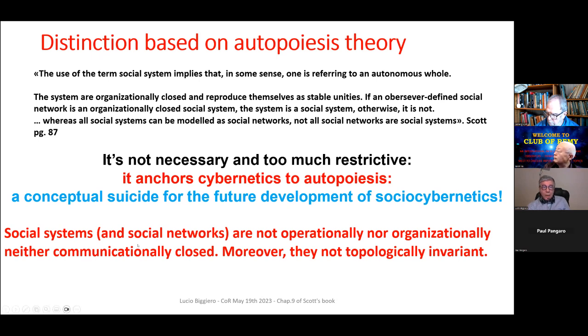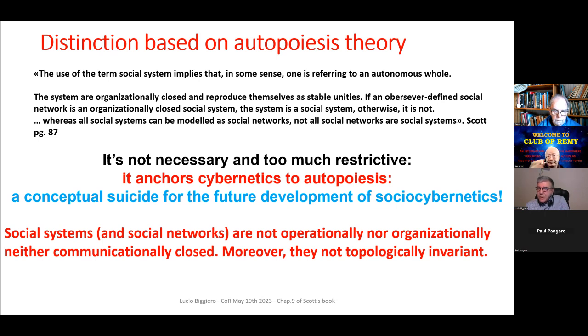The point is that social systems, and social networks as well, are neither operationally, nor organizationally, nor communicationally closed, which is the main point of autopoiesis. And further, they are not topologically invariant, which is a strong, usually overlooked fundamental requisite for autopoiesis.